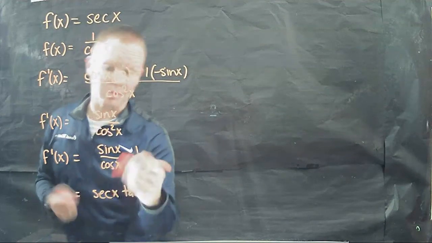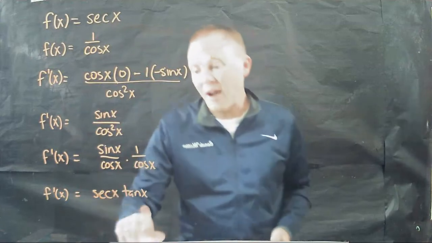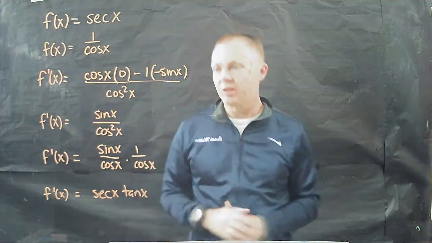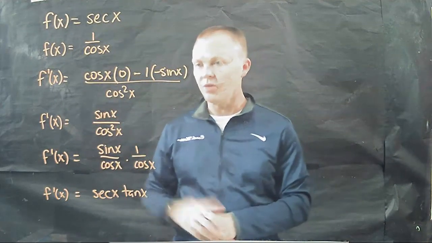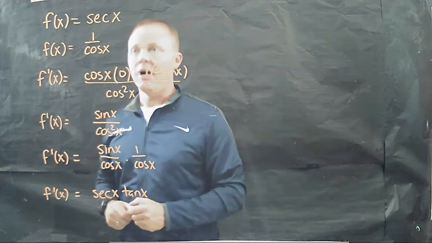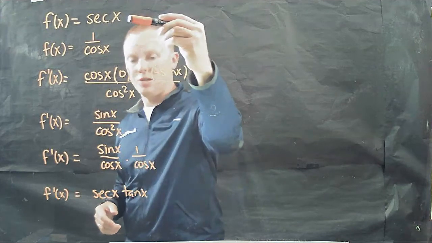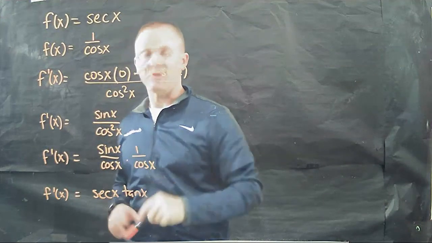Actually, it's tangent times secant, but then I reversed it. This is just how I've memorized it, secant tangent. You can remember it like this, but just know they're equivalent, okay? So the derivative of the secant function is secant of x times tangent of x.